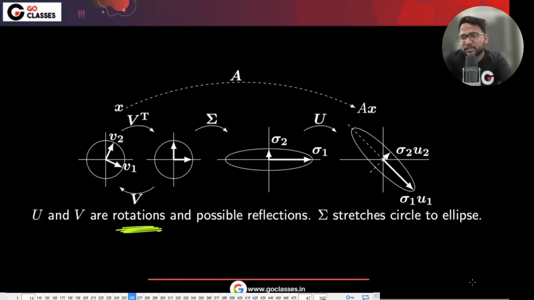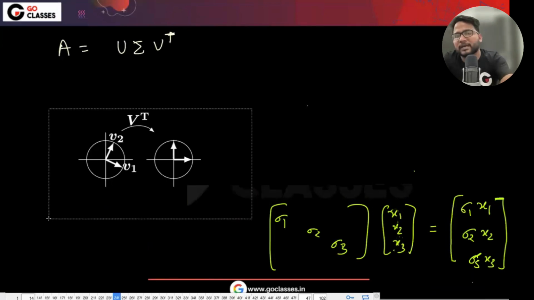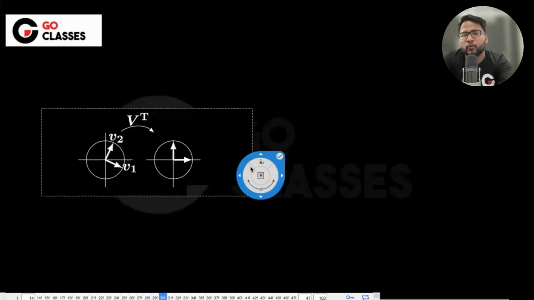You just tell me one thing. Let's suppose this is the diagram. If I give you V numerically, suppose someone gives you V, can you find out with how much angle we rotate?